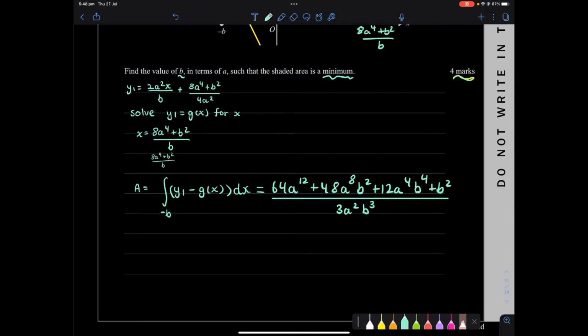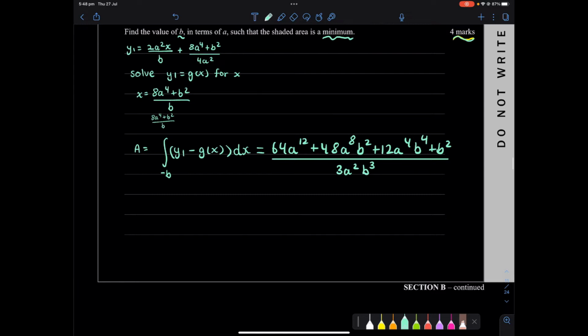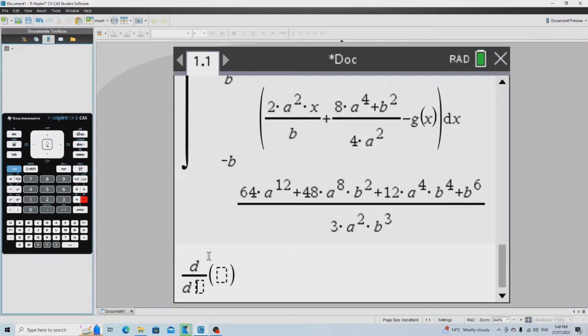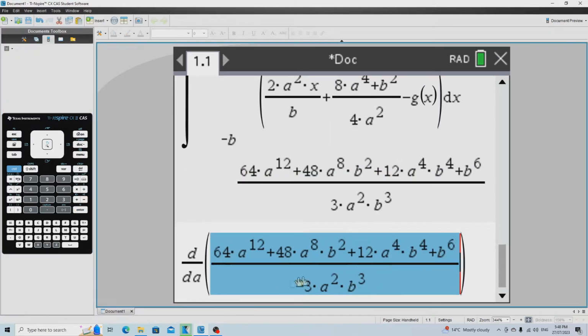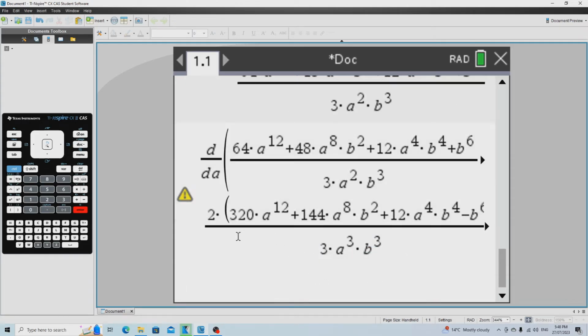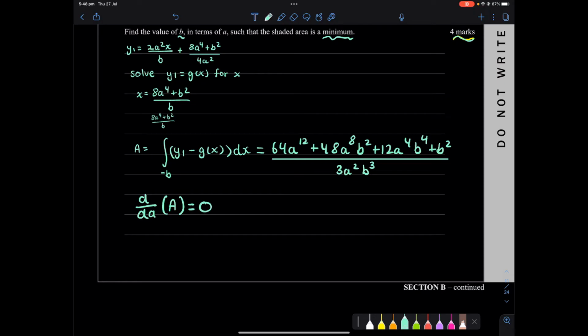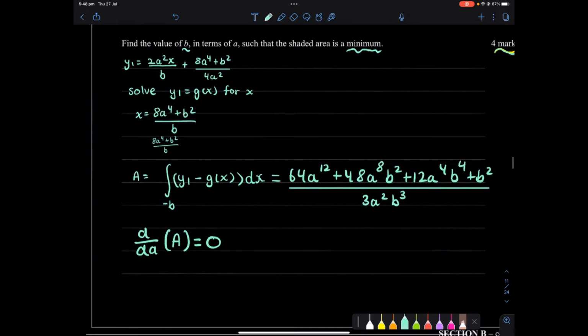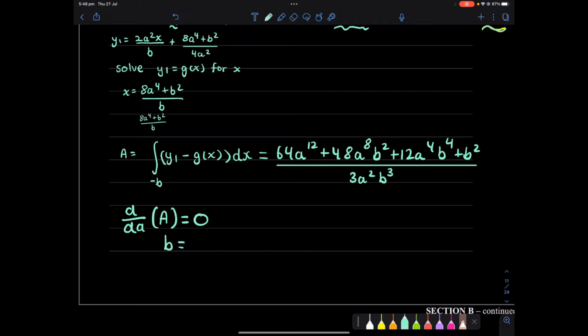So what we want to do is we want to derive this with respect to b, using our calculator, enter, and we get this, and we want to let it equal to 0, and solve for b equals what?